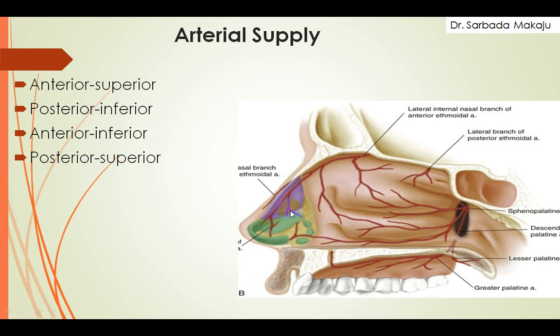The anterior inferior part is supplied by the nasal branch of the ethmoidal artery, and also a branch of the sphenopalatine artery. The posterior superior part, and the posterior inferior part, are supplied by the sphenopalatine artery, and also by the lateral nasal artery.